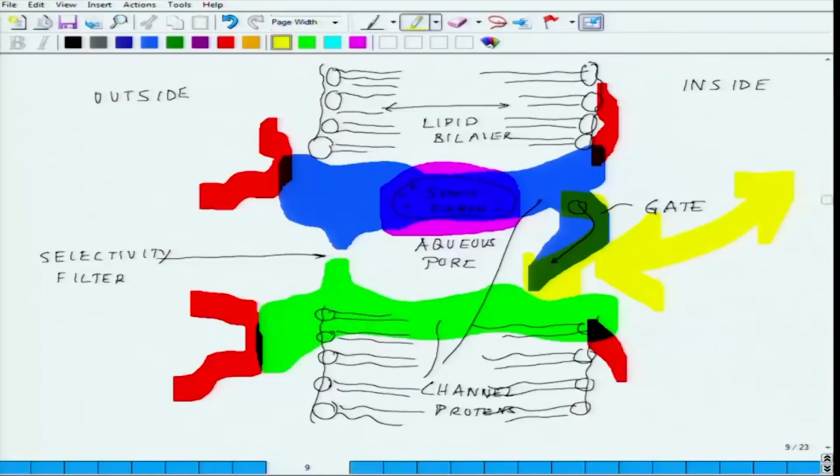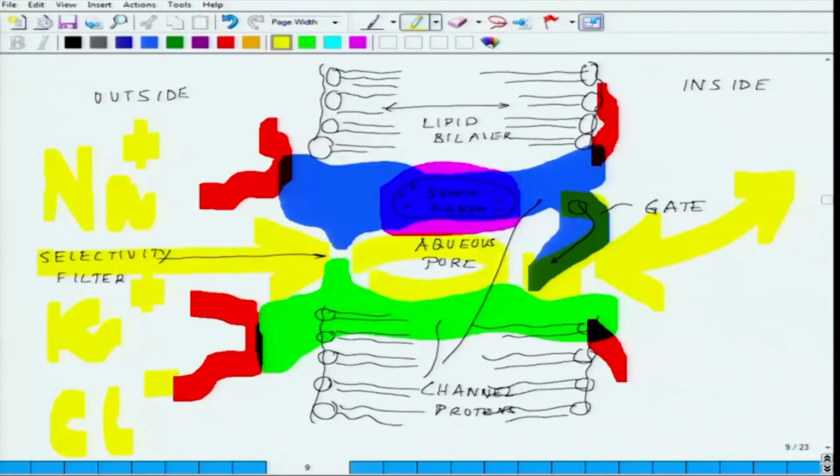Fine. Then you have the selectivity filter. This selectivity filter decides whether it will be sodium, whether it will be potassium, whether it will be chloride, likewise. And then you have this aqueous pore which is out here, which is essentially the part through which the ion passes.